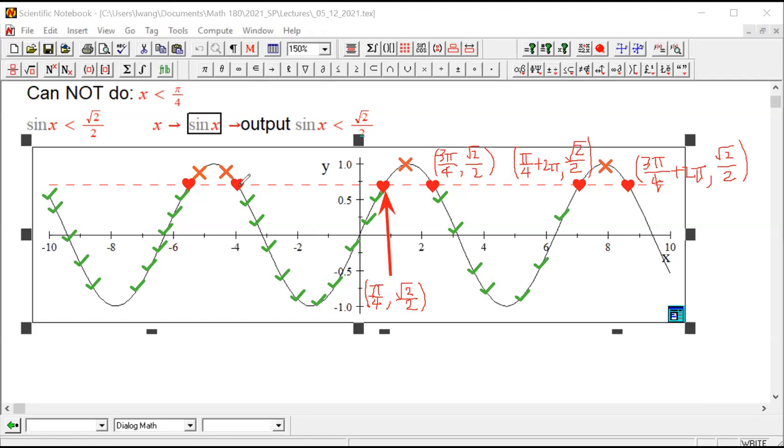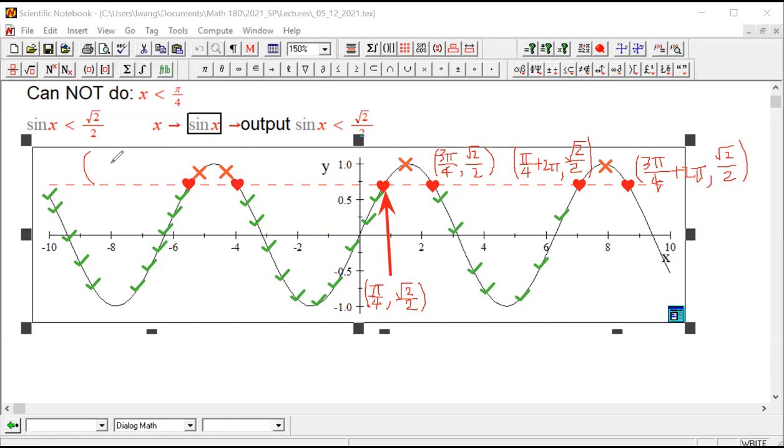What is this point? And this point would be pi over 4 minus 2 pi. I apologize.